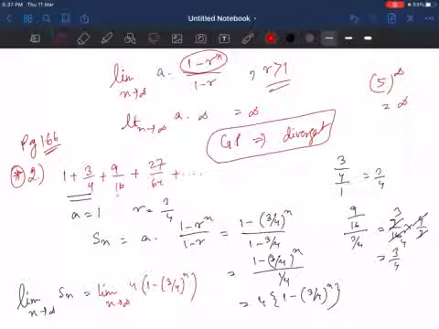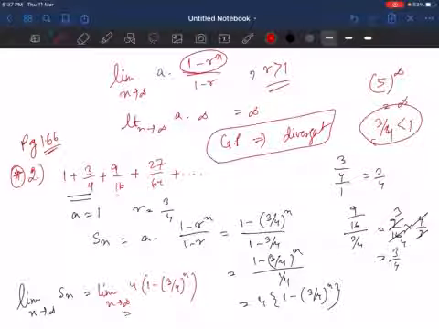Now where does this tend to? I already told you, we see here 3 by 4 to the power n, right? Now 3 by 4 is less than 1, and n is tending towards infinity.